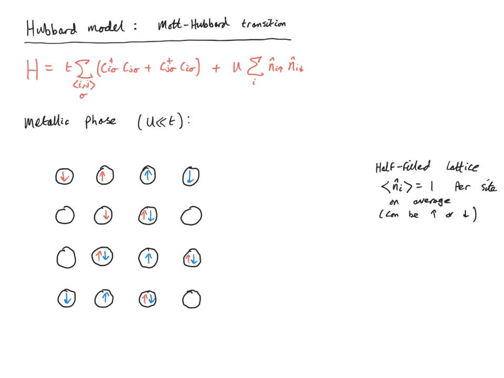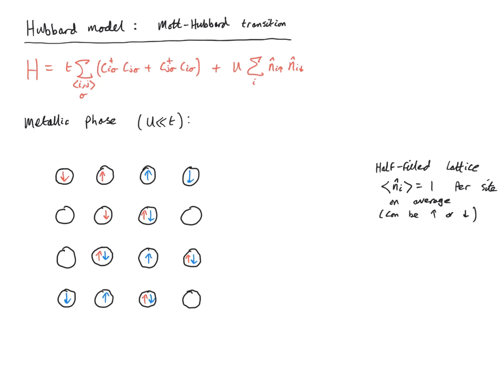The penalty from these doubly occupied regions is insufficient to suppress the itinerancy of the electrons, because the dominant interaction is the tunneling, which is a kinetic term. And this kinetic term completely scrambles all of the electrons. It gives a completely disordered state. The electrons are free to roam around, and indeed they are metallic.